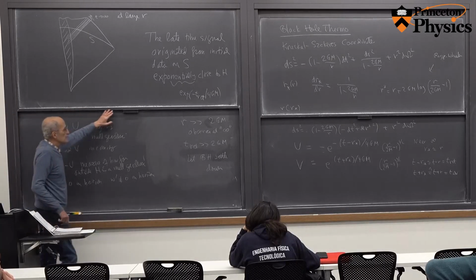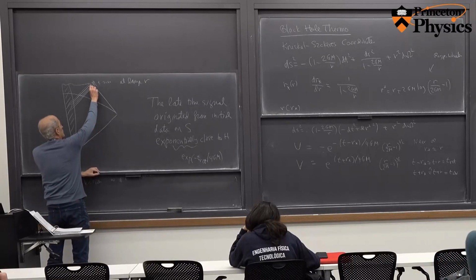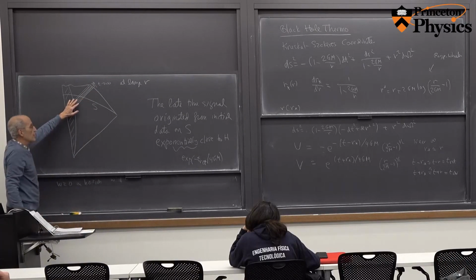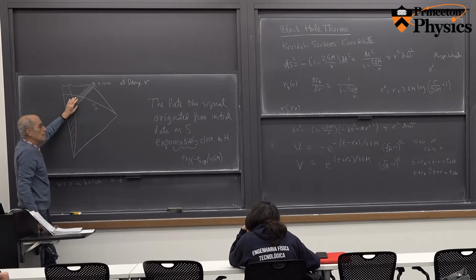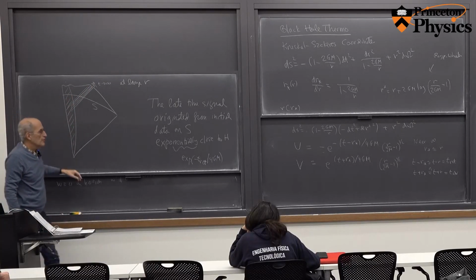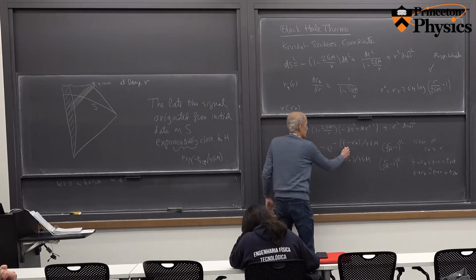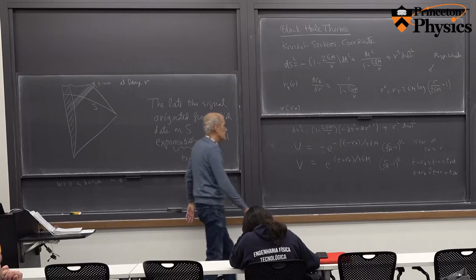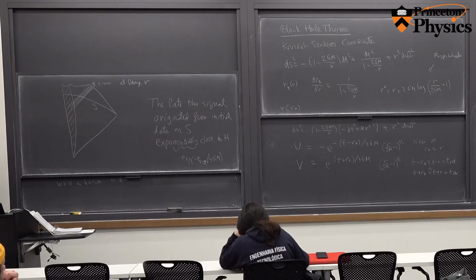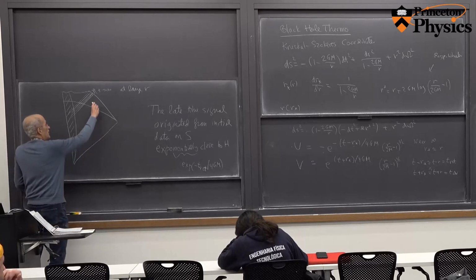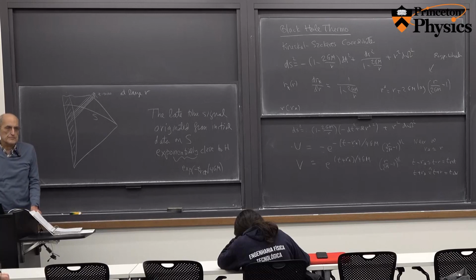The reason you get a simple answer is that what you're observing at late retarded times came from very close to the horizon. In this picture, it doesn't look closer here than here, but there's an exponential redshifting, which is contained in this formula. So this formula shows that when the retarded time is large, u is exponentially small. So the signal we get at a late retarded time came from exponentially close to the horizon.